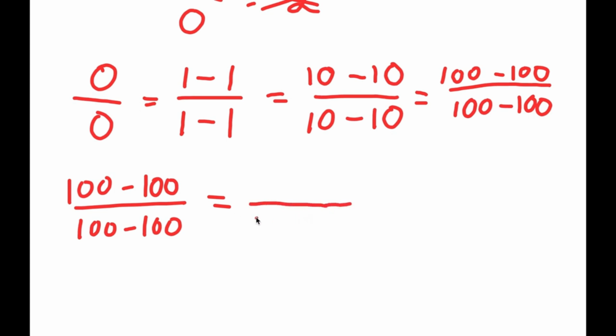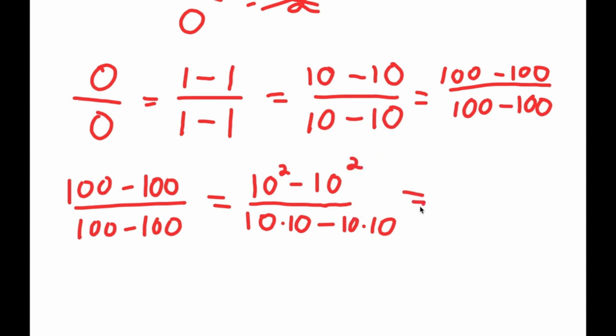So for my denominator, I'm going to write this as 10 times 10, because 100 is 10 times 10, minus, I have 100 again, so 10 times 10 again. And for my numerator, well, 10 times 10, that's the same thing as 10 squared, right? So for my numerator, I'm going to write 10 squared minus 10 squared.